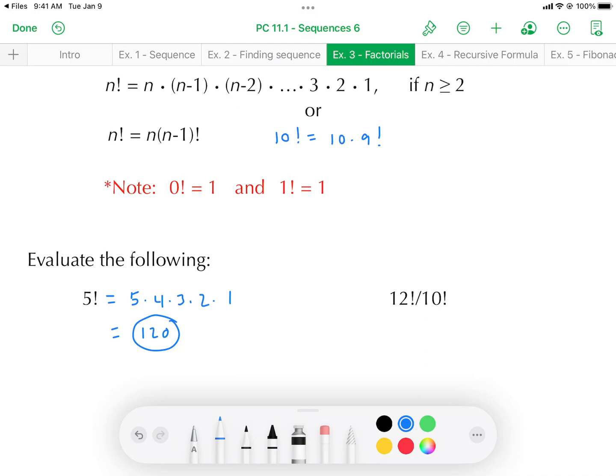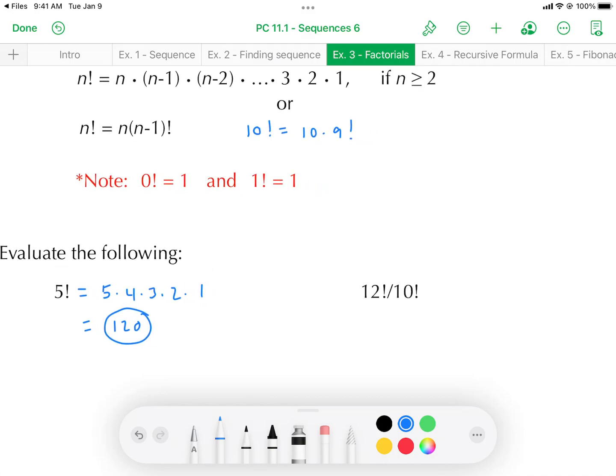Let me give you an interesting proof to that as well. It uses the notation of n factorial being n times n minus 1 factorial. So let's go proof. x factorial can be thought of as x times x minus 1 factorial.